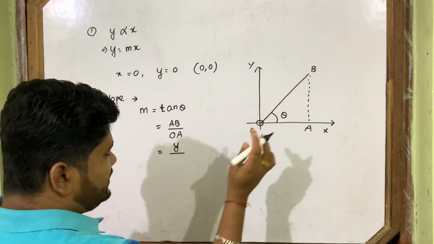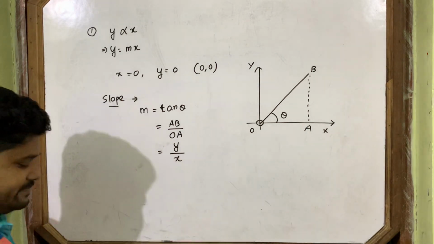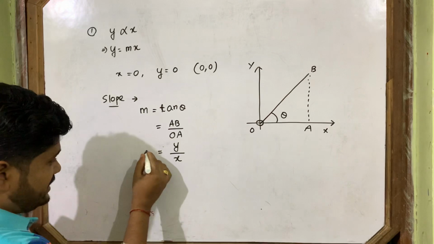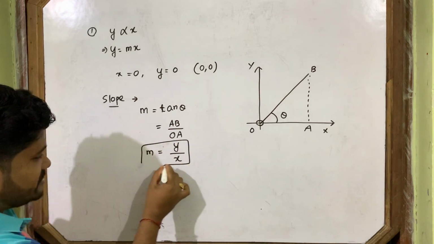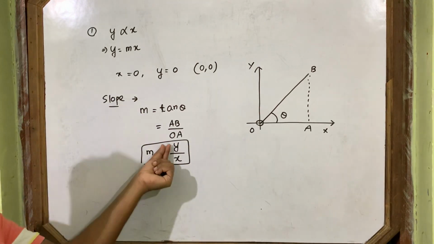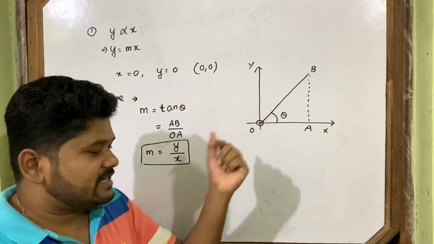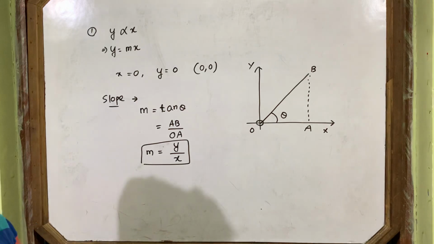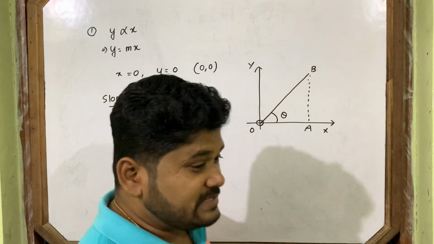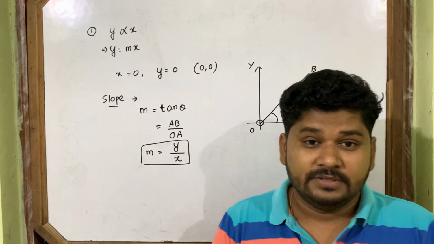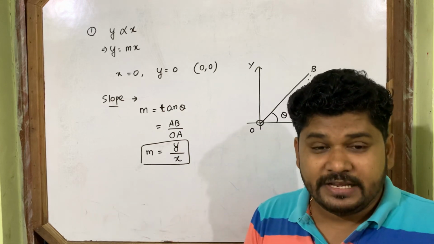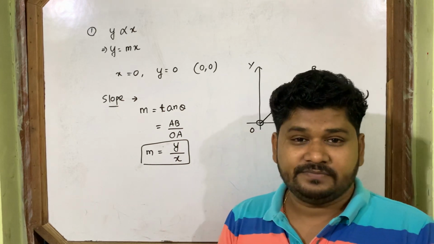And what is OA? That is nothing but x. This is a very important piece of information. We can write here del y by del x, or I write y by x because it starts from the origin. So this is very important information which you will use in every chapter of physics.